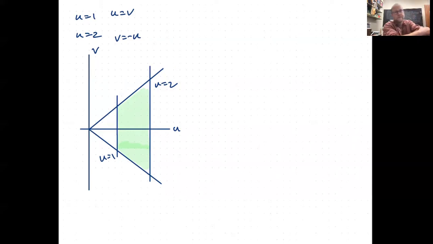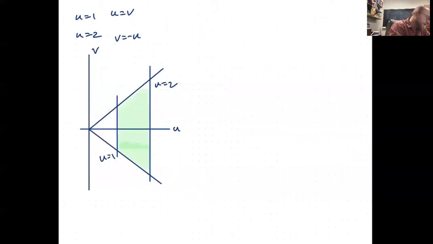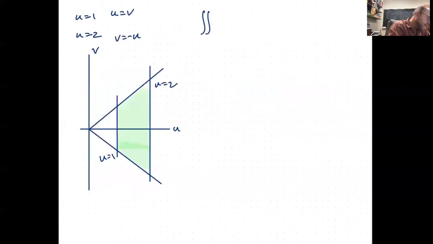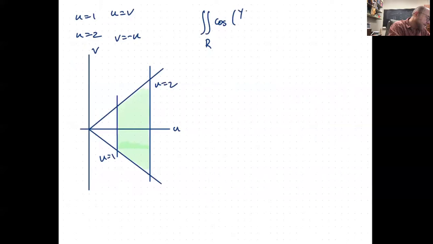So, all right, we are now going to set this up, and I have forgotten what the integral was. Oh, it's that weird one there. Okay, so double integral across, did they call it R or something? Yeah, R, cosine of y minus x over y plus x dA.